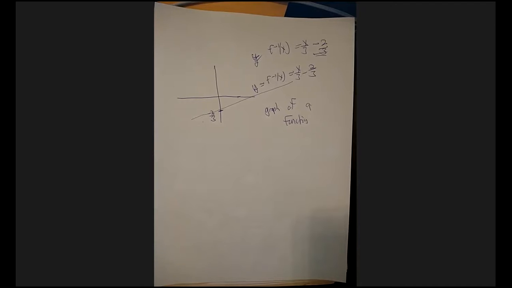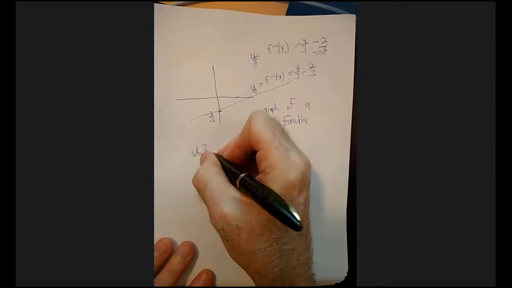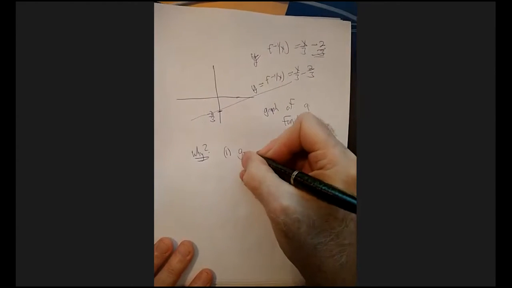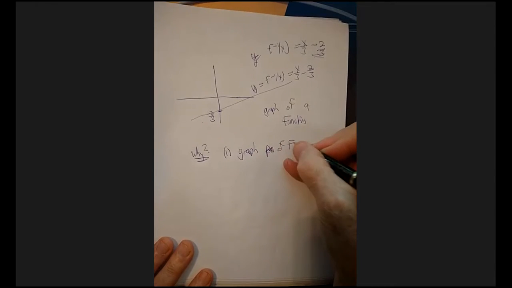Okay, so the kind of questions I might ask are like, is the inverse a function? Why or why not? You answer, why is this a function? One, the graph passes the vertical line test, the graph of f inverse.